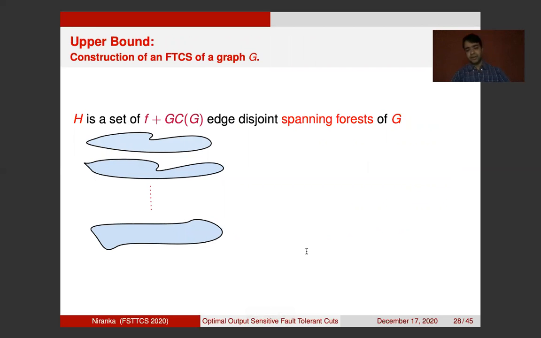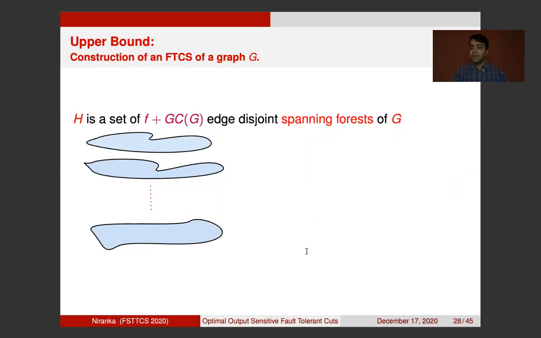So those were our results, and now let's give a brief description of our solutions to the global min cut problem. For the upper bound, our subgraph H is actually pretty straightforward. It's nothing but a small f plus GC(G) edge-disjoint spanning forest of G. This spanning forest is a small abuse of notation. Essentially, how do we construct H?